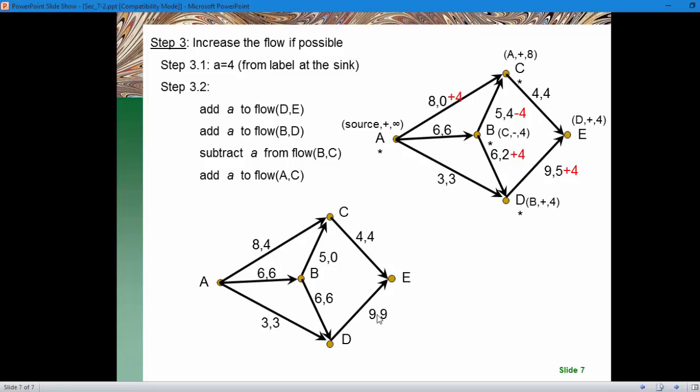So the algorithm allows us to increase the flow, or if there is no more room to increase the flow, then the algorithm will tell us that we reached the maximum flow. Now, if we apply the algorithm again, we will see that the sink will not be labeled. When the sink is not labeled at the end of the algorithm, that means that we arrived at a maximum flow.